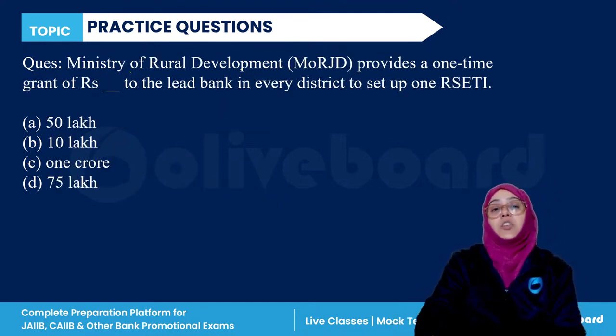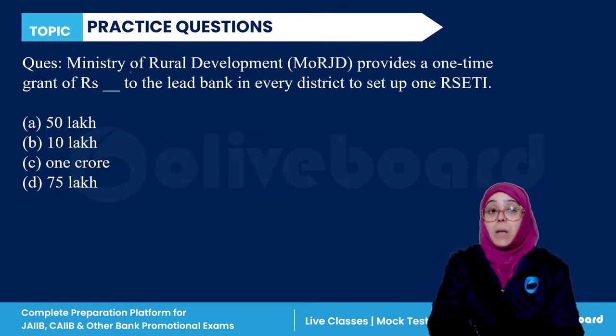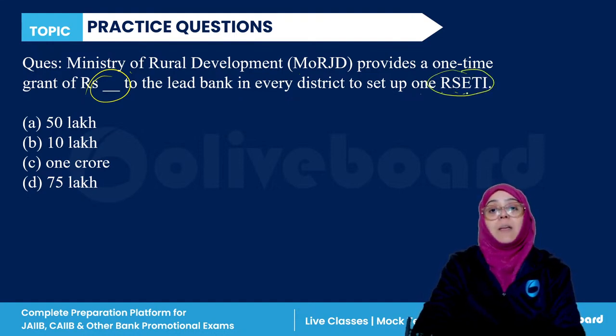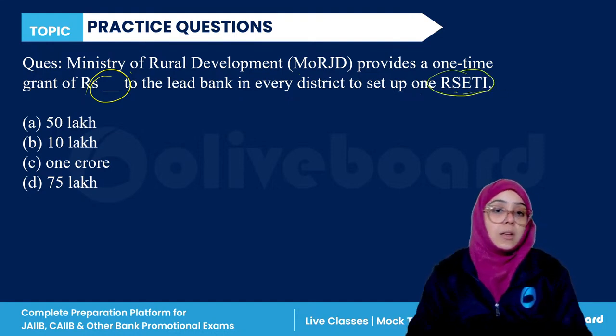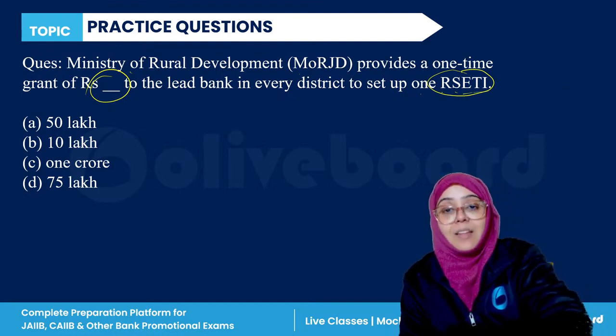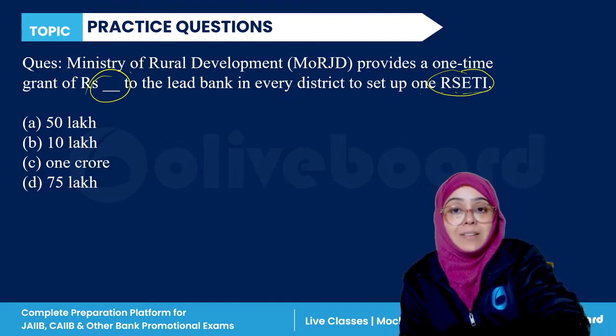Next, Ministry of Rural Development provide a one-time grant of how many rupees to lead bank in every district to set up one rural self-employment training institute? How much fund is provided in the setting up of the rural self-employment training institute?